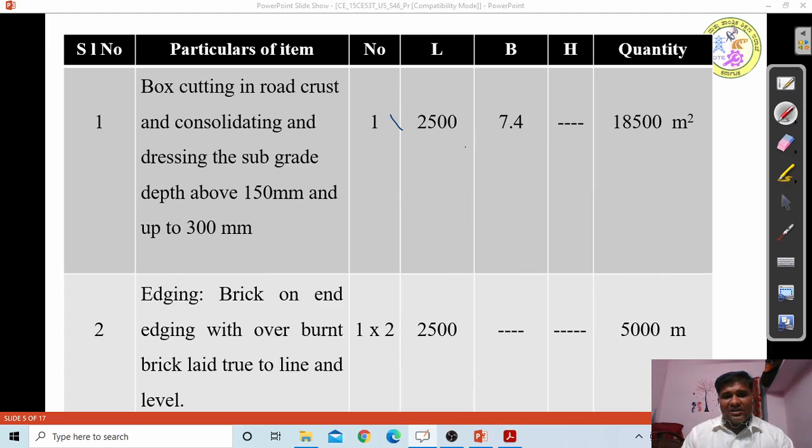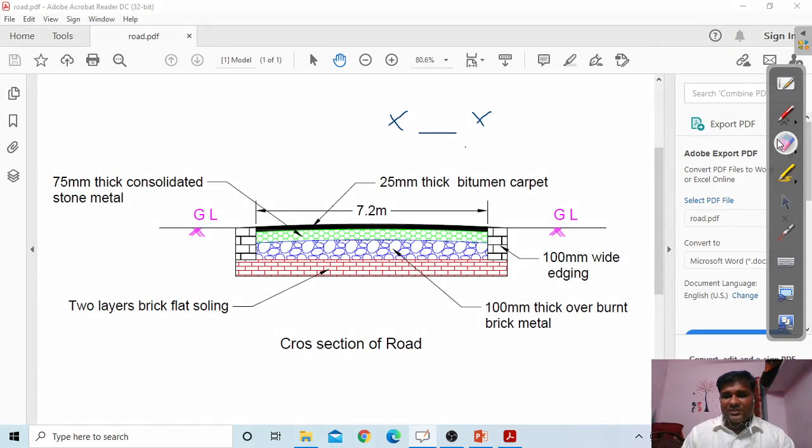One number, the length of the road is 2500 meters multiplied by the total width, that is from here to here. This is 7.2 meter from internal edge to edgings, and the edgings' width is 100 mm on both sides.